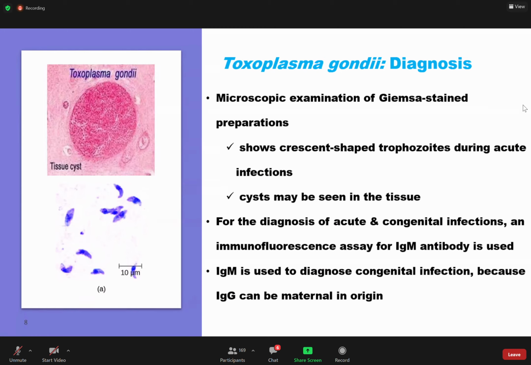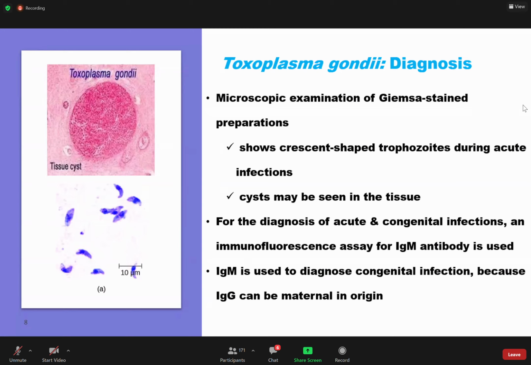Now, in a baby, it's possible for maternal immunoglobulin G to cross the placenta to the baby. So if you perform immunofluorescence assay for immunoglobulin G, you cannot really determine the origin of that immunoglobulin G, because you know that particular subtype of antibodies can cross the placenta to the baby.